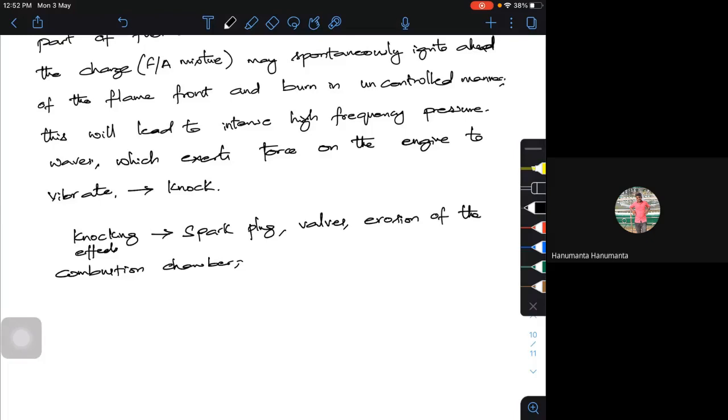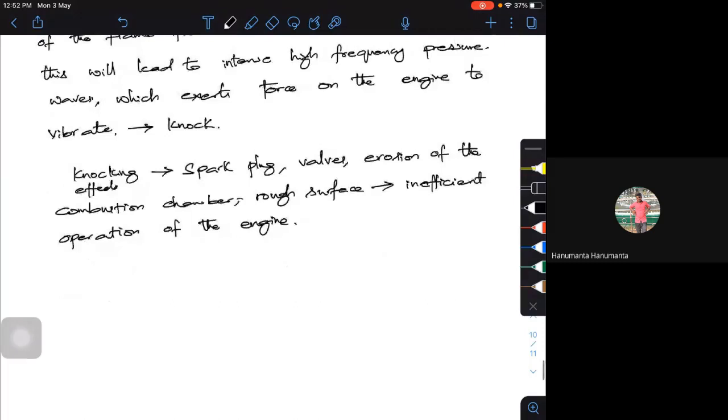So when the engine surface becomes rough, this will lead to inefficient operation of the engine. Okay. Now, how to avoid this knocking?